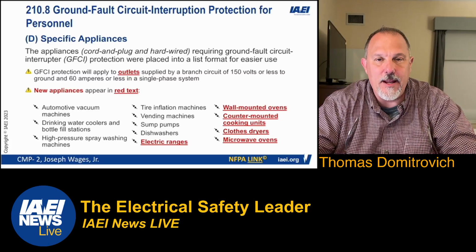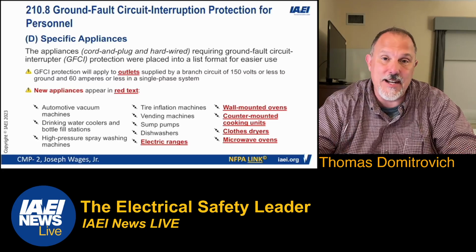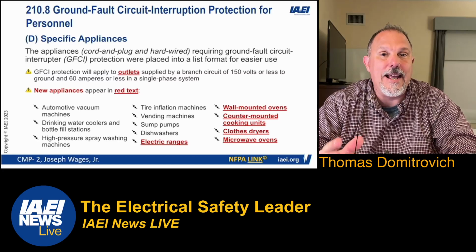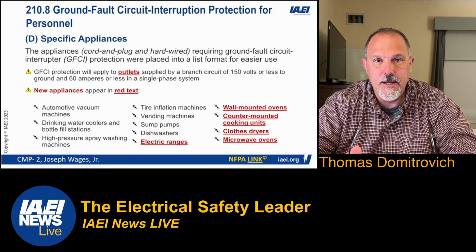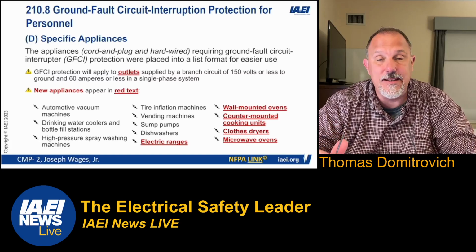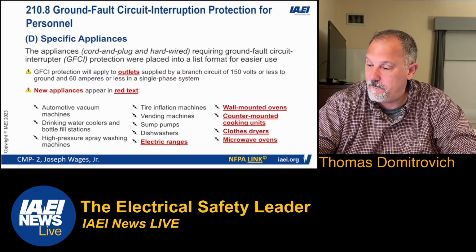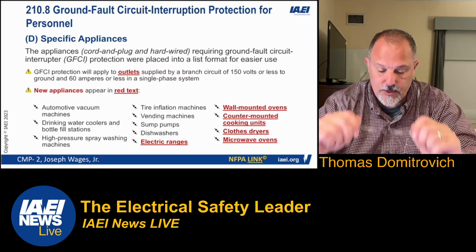But the comment was made, what happens if these are hardwired? There's no GFCI protection required, yet the hazard hasn't gone away. Because the problem is not the receptacle nor the infrastructure, it's what's plugged into that receptacle. That's our mindset today.